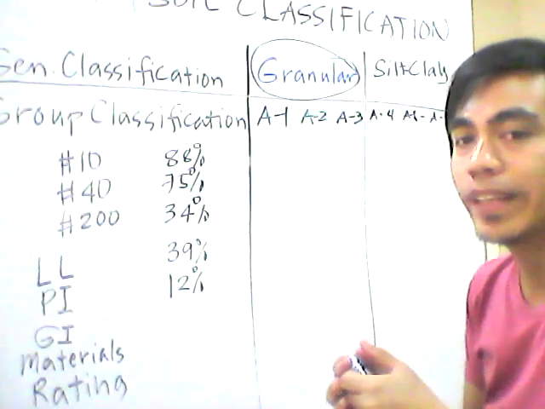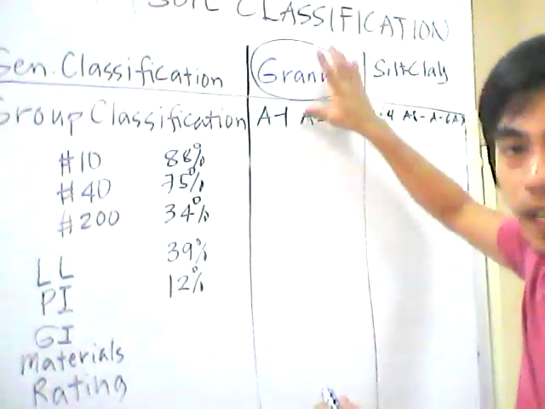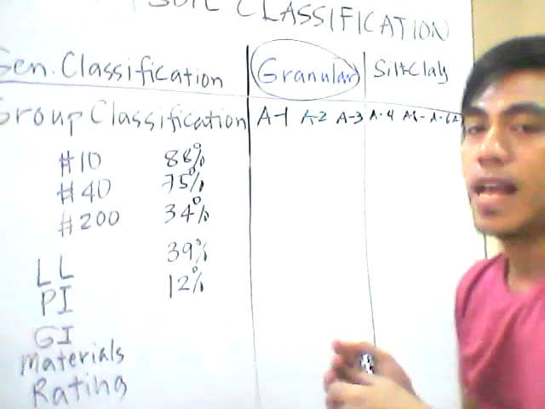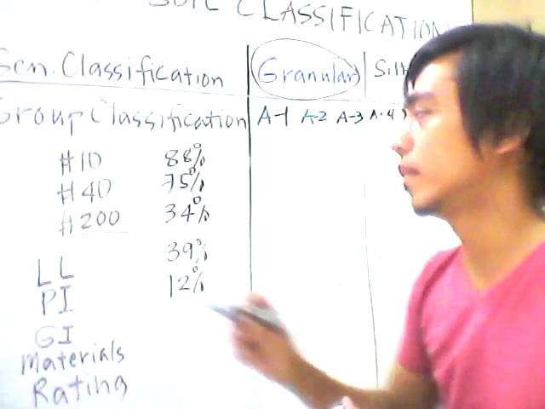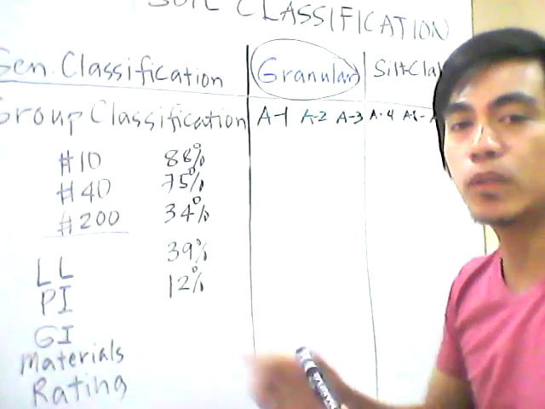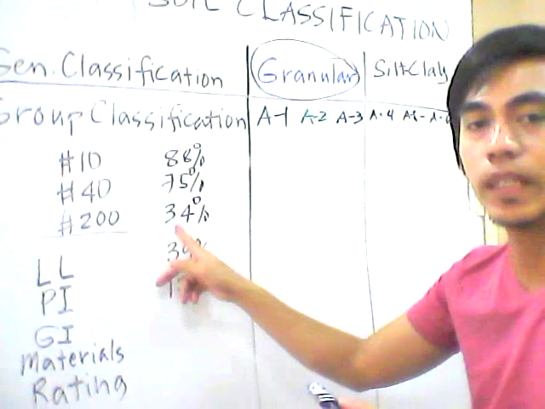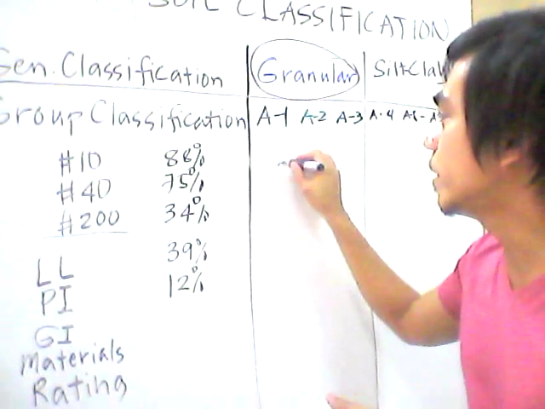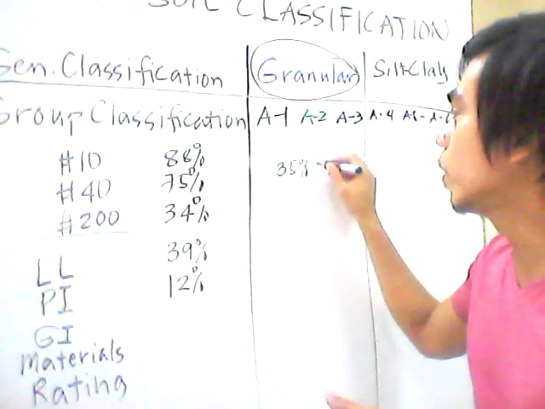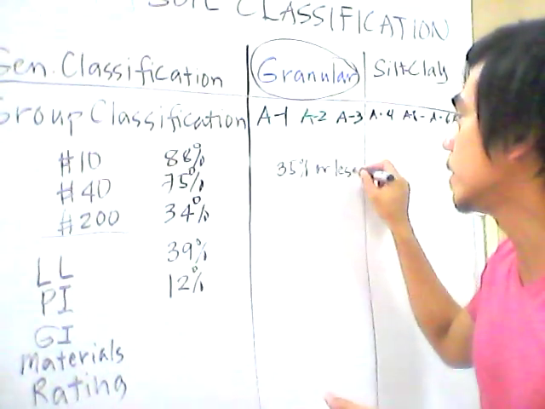We are going to determine if it is granular or silt clay. The first thing is to check number 200. The percent passing number 200 from our data is 34%. The requirement for granular is 35% or less.